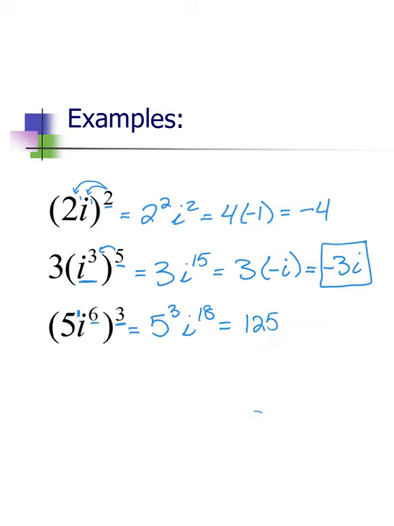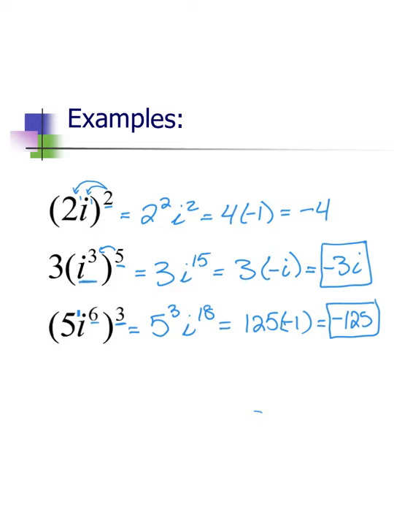And then in your calculator, again, it's math, go over to num, go down to I part, second decimal, then a caret, then type in 18, and that's going to give you -1. So if I multiply 125 times -1, that's -125 in simplest form.